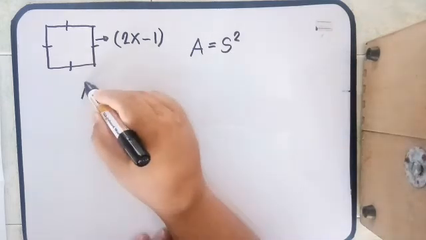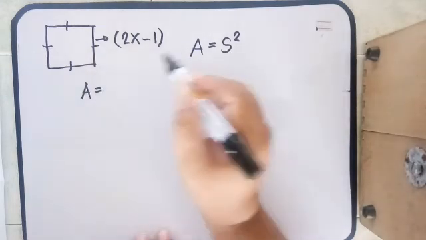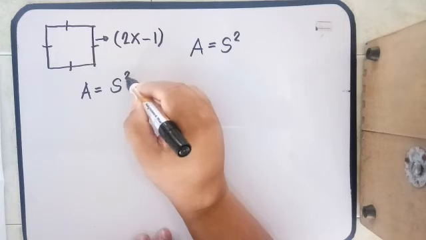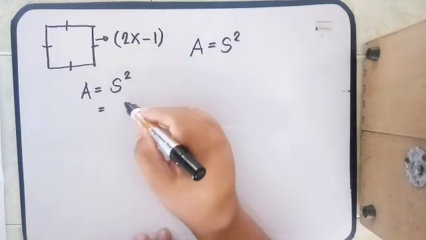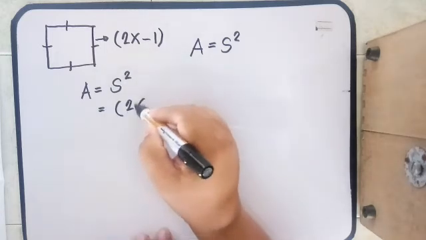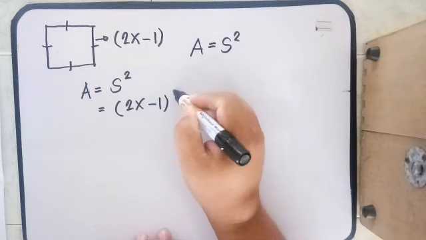So we're going to pattern our formula on the formula for the area of a square. So A is equal to s squared, or shall we say, area is equal to (2x minus 1) squared.